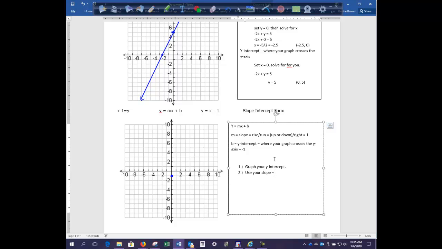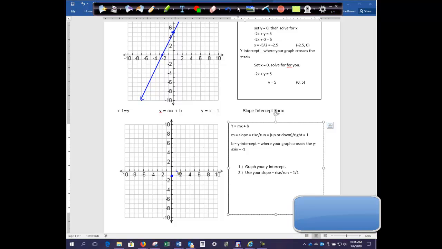Our slope is rise divided by run. Since our slope is a whole number, you can always put whole numbers over 1, so you just have 1 over 1. From that point, you go up 1, you go to the right 1, and that's how you get a point on your line.